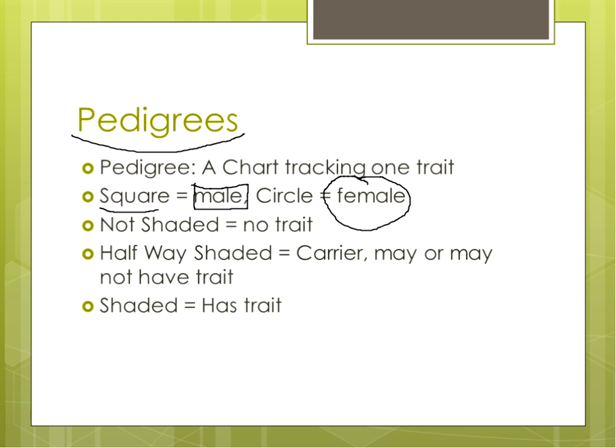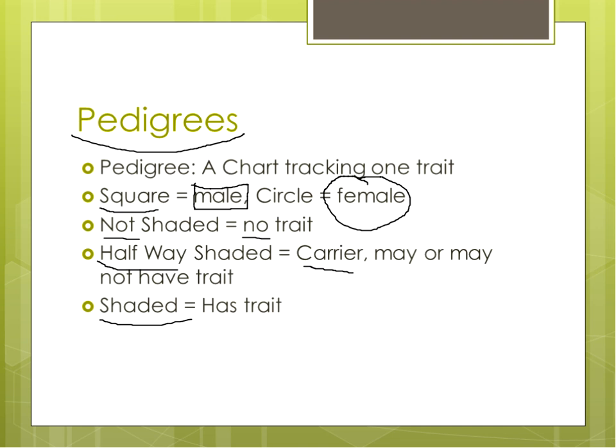If it's not shaded, they don't have the trait, whatever trait they're looking at. If it's halfway shaded, they're a carrier, so they're heterozygous. They would have the trait if it was a dominant trait, but they may not if it's a recessive trait. If it's fully shaded, they got the trait, 100%.